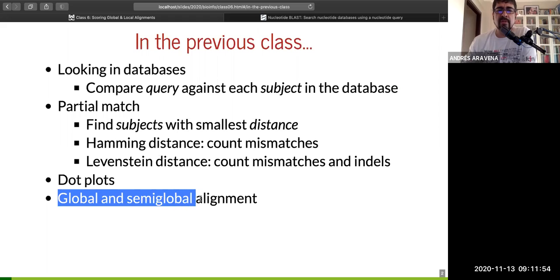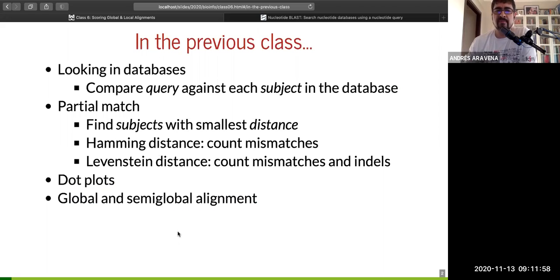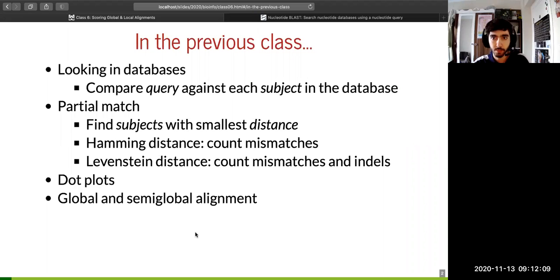And then there were two concepts that we discussed, global and semi-global alignment. Do you remember the difference? Say something. Global and semi-global, yeah? A different length of sequences in a semi-global alignment.